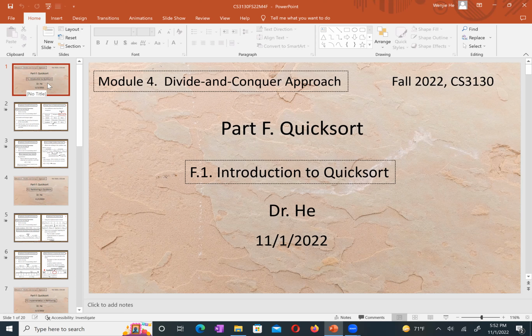All right. And before I start, one last thing about the midterm. For the midterm, the coverage stops at the content of homework assignment number 1, just the end of homework assignment number 1.